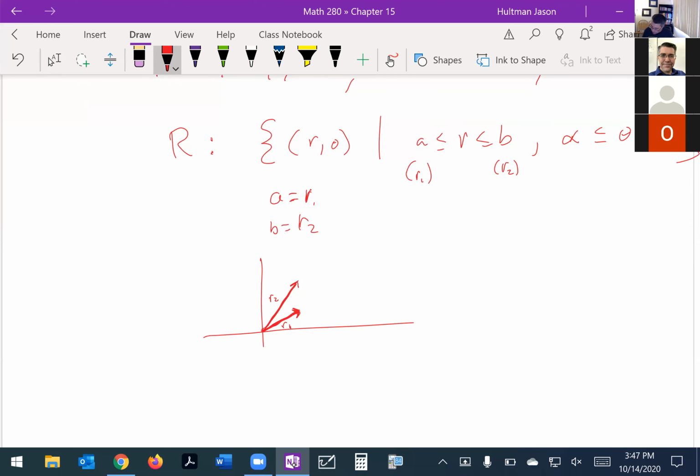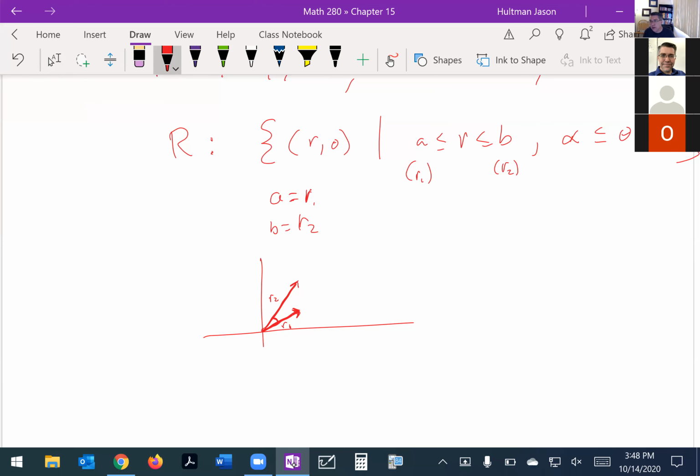From r1 to r2, what would be the region that I would sweep between r1 and r2 through an angle theta? This angle theta is going from angle alpha to angle beta, right?